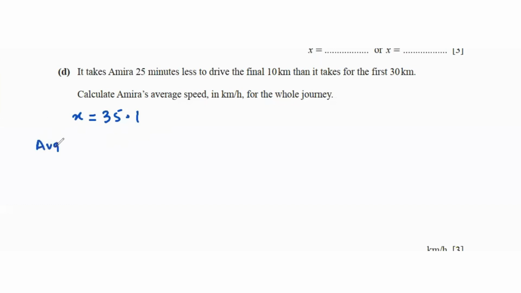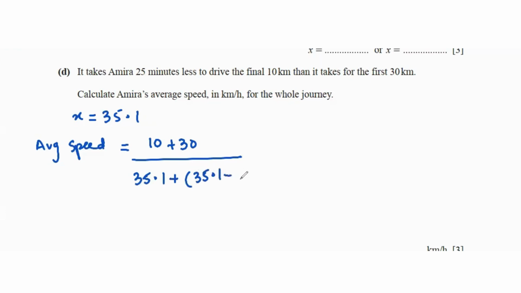So average speed is going to be distance, which is 10 plus 30, which is 40, over time, which will be 35.1 plus 35.1 minus 25. Why?